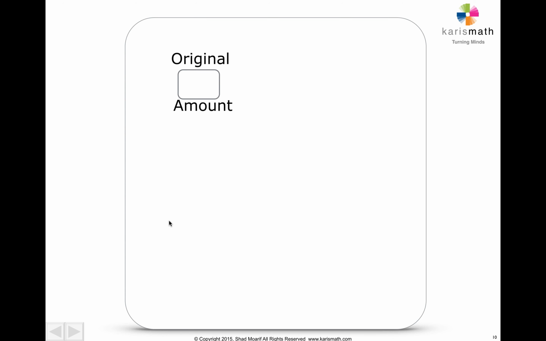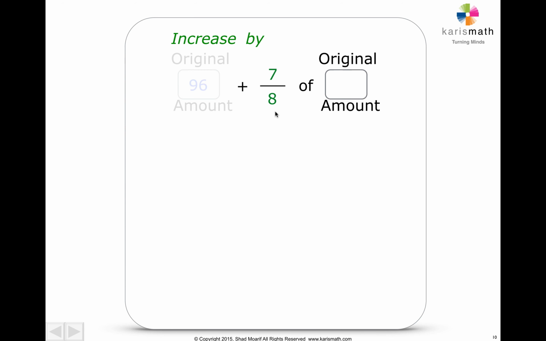Okay, another example. Try doing this one. The original amount was 96. You want to increase it by 7/8, or 7/8 of itself. So what will it be? How much will you add to 96 to produce the new amount? What's the answer? 84. Very good.